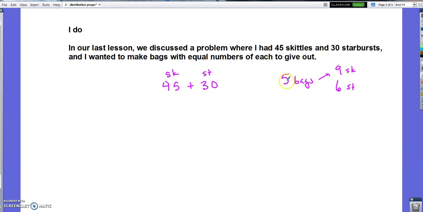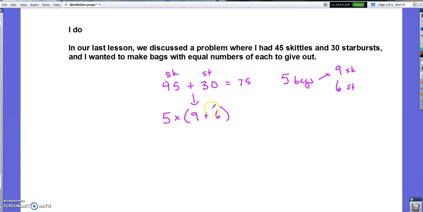So a way I can write this, remember this was going to be 75 pieces of candy total, I could rewrite this as 5 bags, 5 sets, 5 times, and each bag is going to have 9 Skittles and 6 Starbursts in it. And if you'll notice, 5 times 9 is my 45 Skittles. That's all my Skittles. And 5 times 6 is my 30 Starbursts.